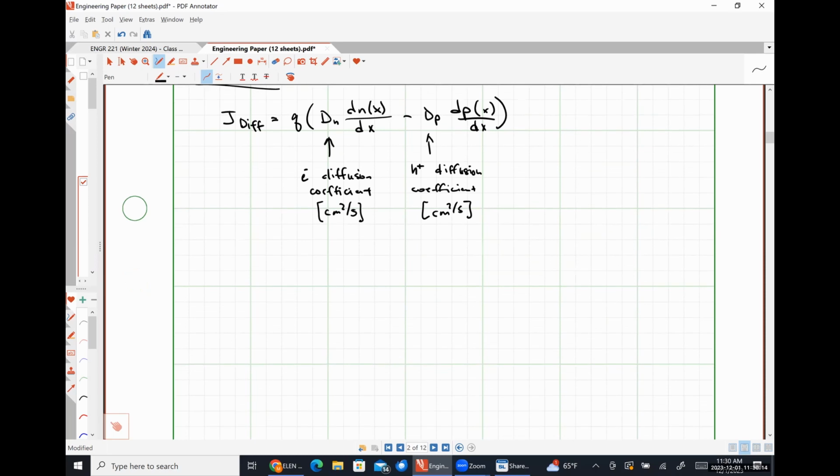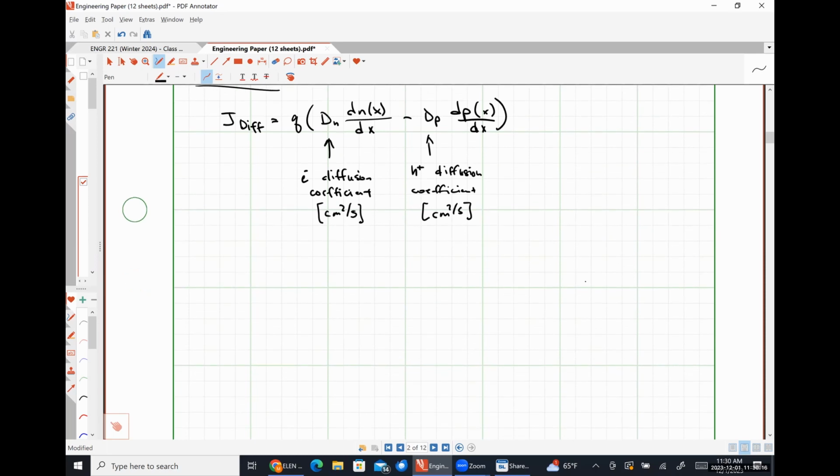So let's apply this guy, okay? So let's say that we have our exact same silicon block from before. So N-type with ND equal to 10 to the 15 per cubic centimeter.